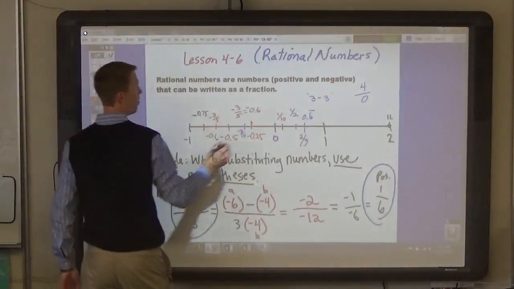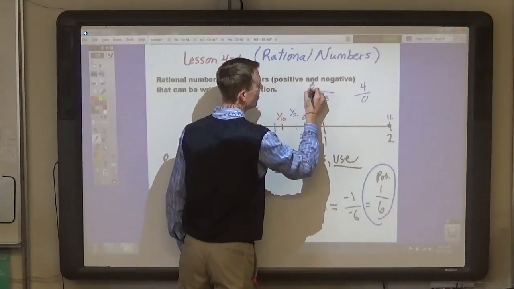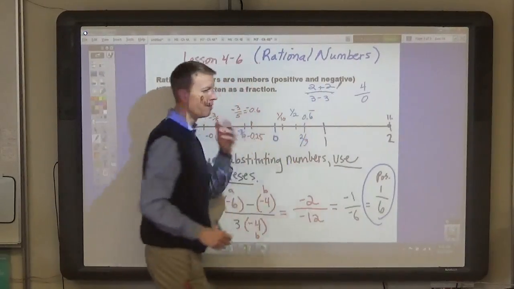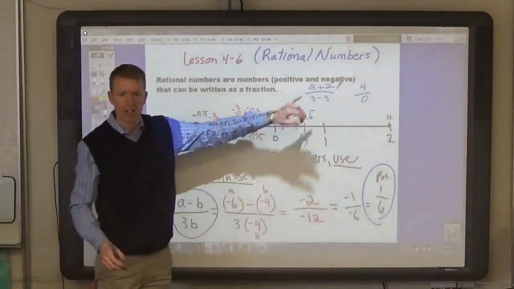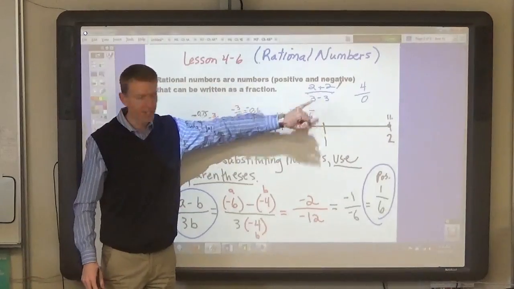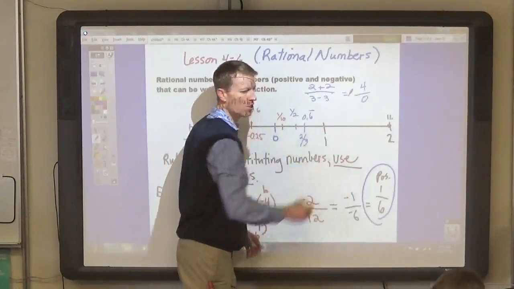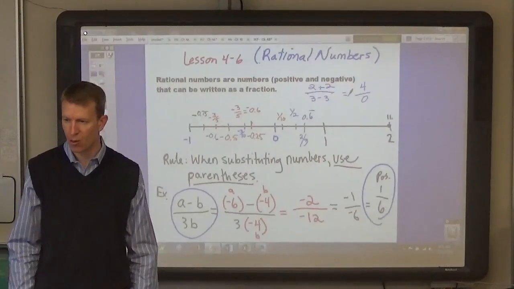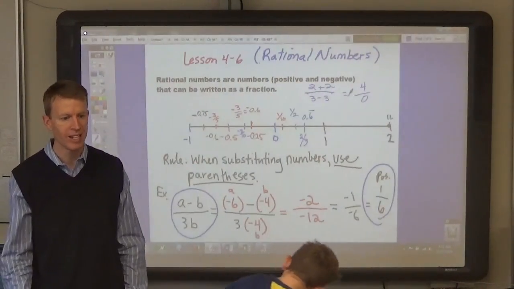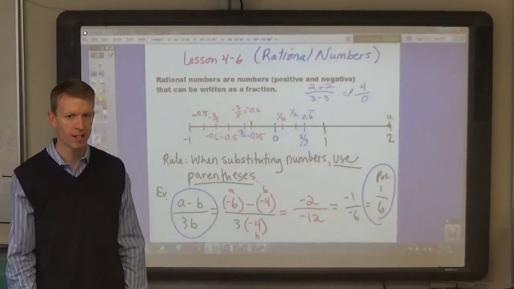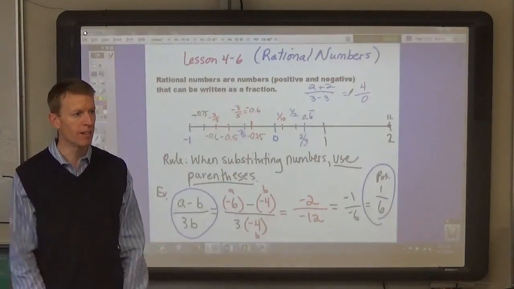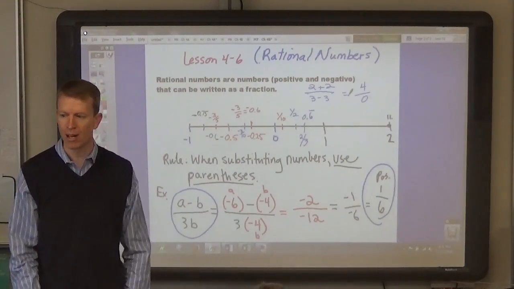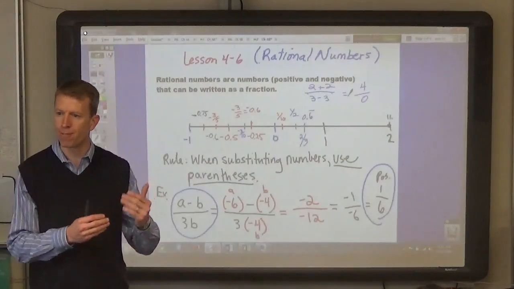How about 2 plus 2 over 3 minus 3? Okay? So if you had 2 plus 2 over 3 minus 3 and you got 4 over 0 as an answer, then that is not a rational number. It's an irrational number. And so that's what your answer would be, irrational. Later on when we start graphing, you'll call that undefined.